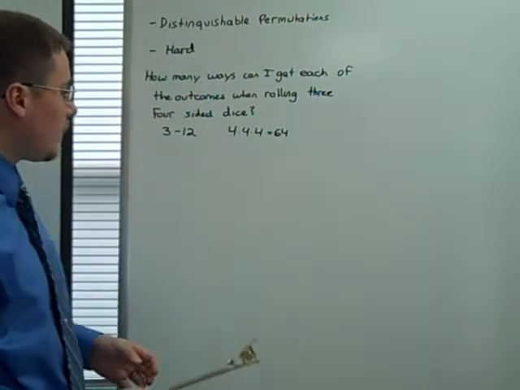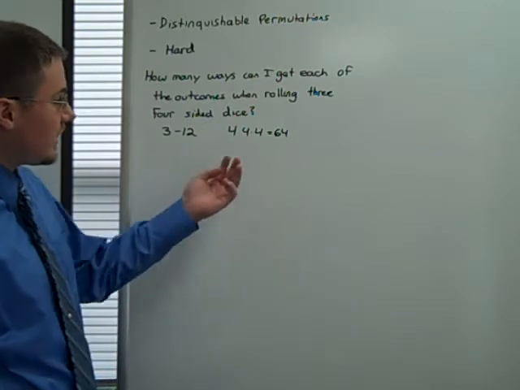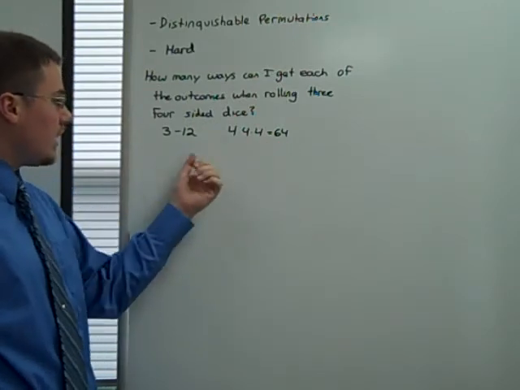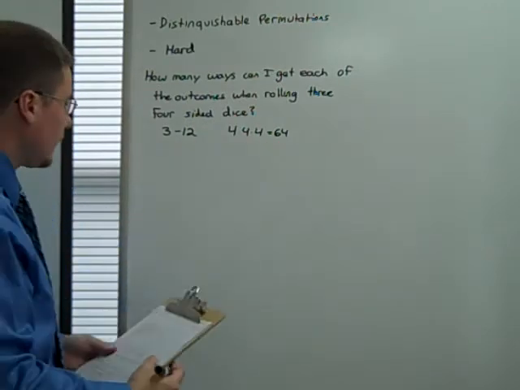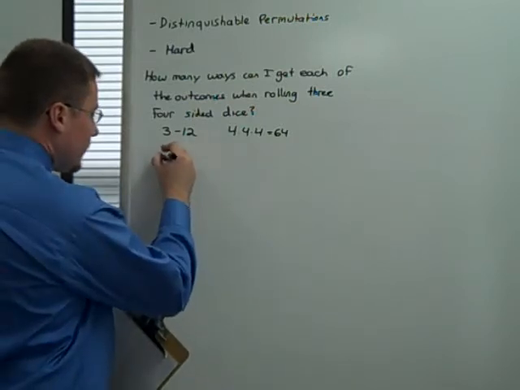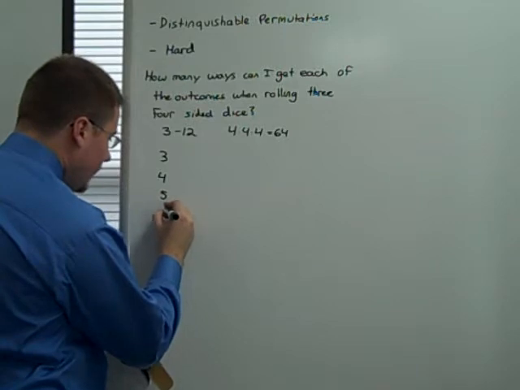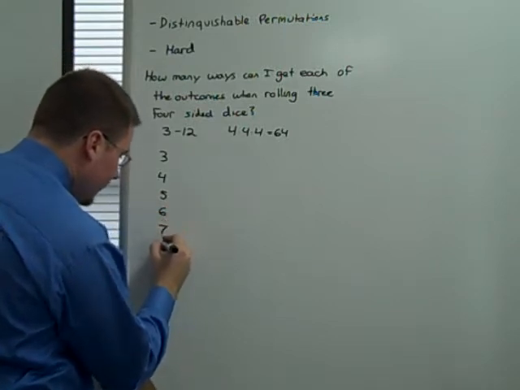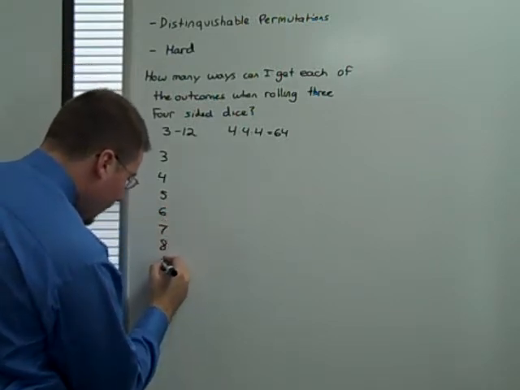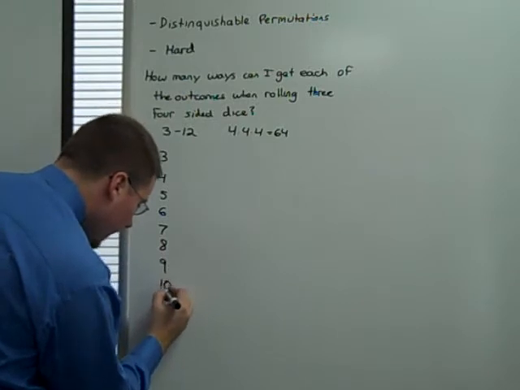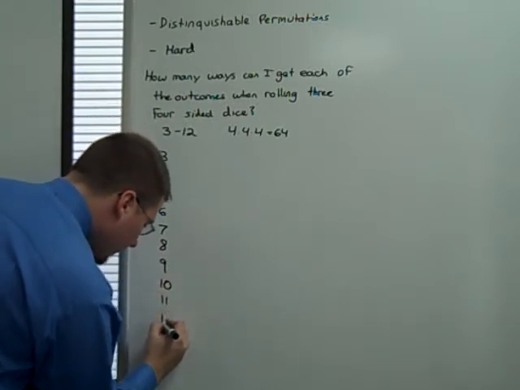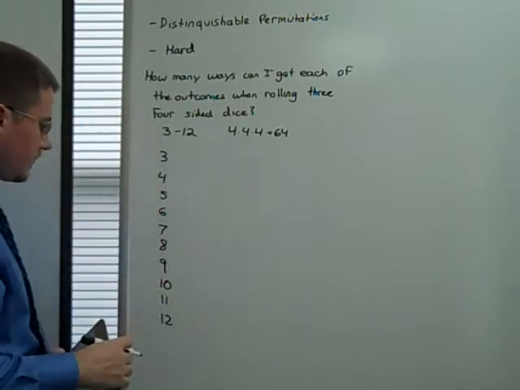So we're going to come up with a way to find 64 different types of rolls in 3 through 12. So first I'm going to list the numbers 3, 4, 5, 6, 7, 8, 9, 10, 11, and 12.